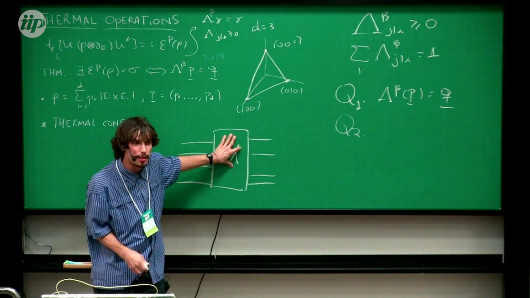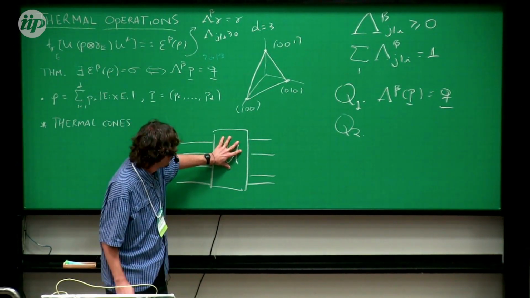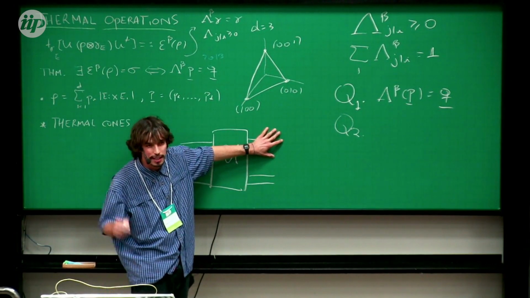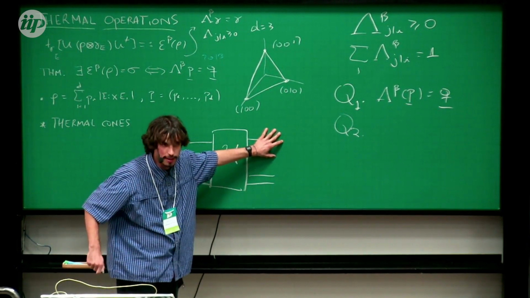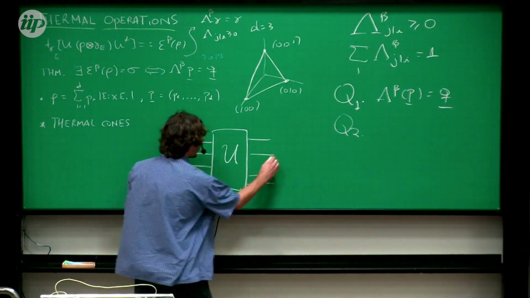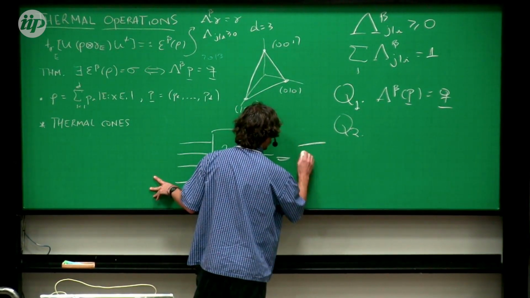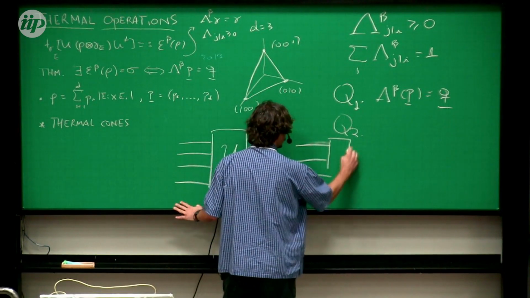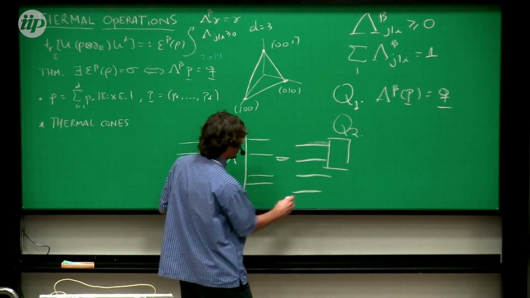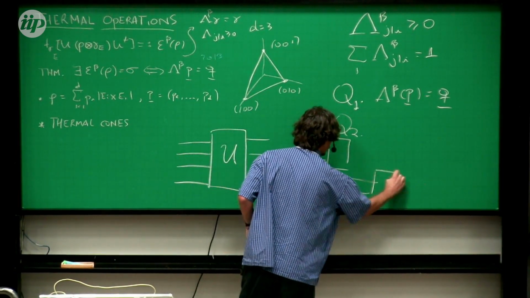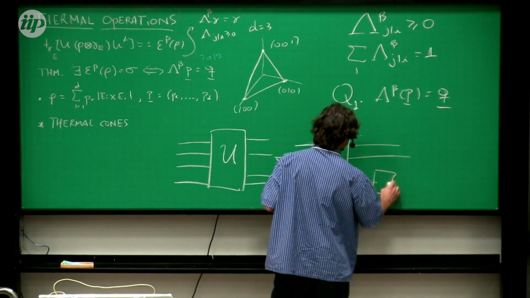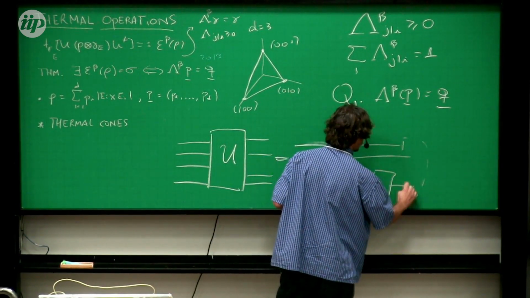What elementary means now is that you act non-trivially on two energy levels and identity everywhere. Meaning that this unitary is equivalent to writing something like this: first you act on the first and second energy level, then you act on the third and fourth, and then maybe you act on this and this one here.